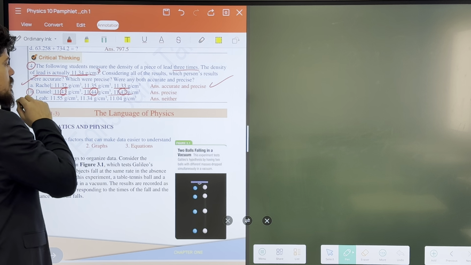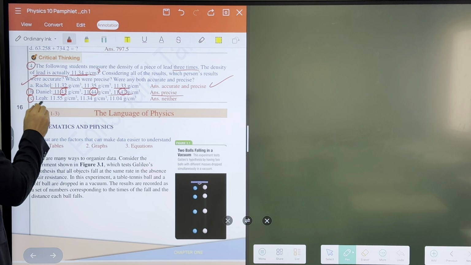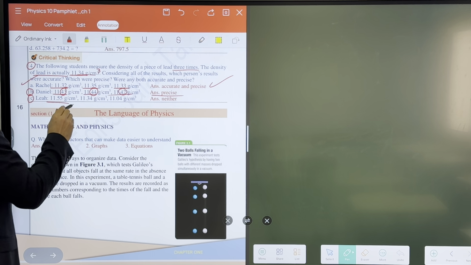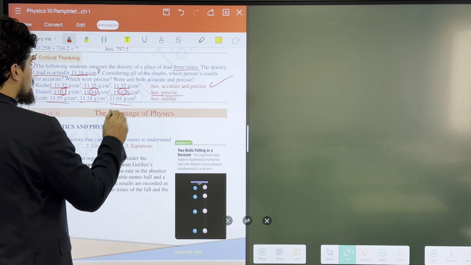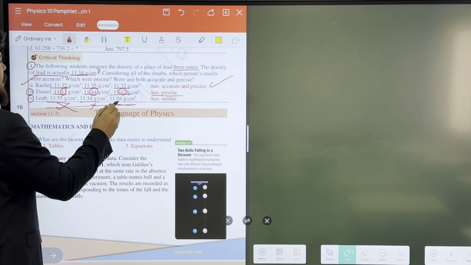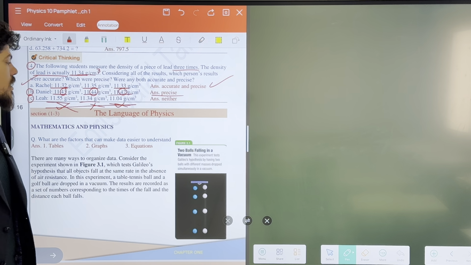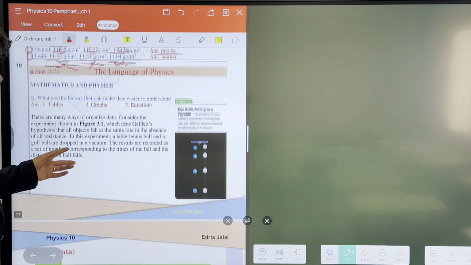So this increase is uniform, that is why it is precise. The last one, 11.55, 11.34, 11.04. These measured values are not accurate, not precise. Neither accurate nor precise. Okay?